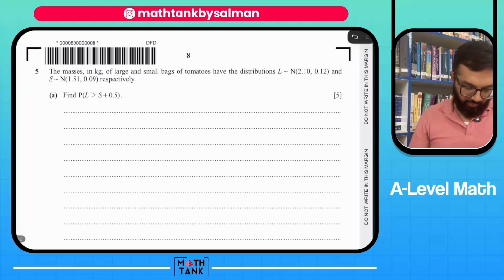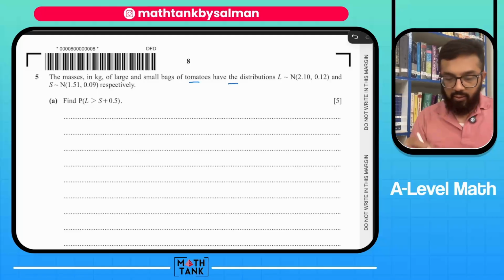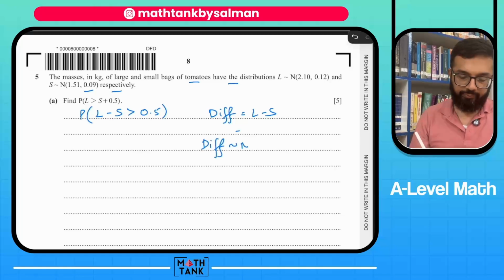Let's move on to question number 5. The masses in kgs of large and small bags of tomatoes have this distribution and this respectively. Find probability of L greater than S plus 0.5. So what I'm going to do is move S to this side and say that I now have a difference, which is L minus S. So the difference then has a normal distribution. This is linear combinations, by the way.